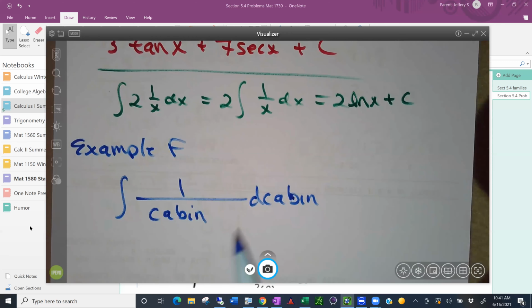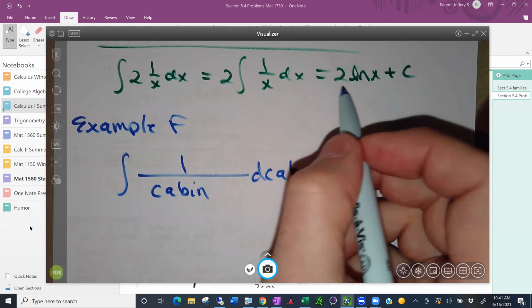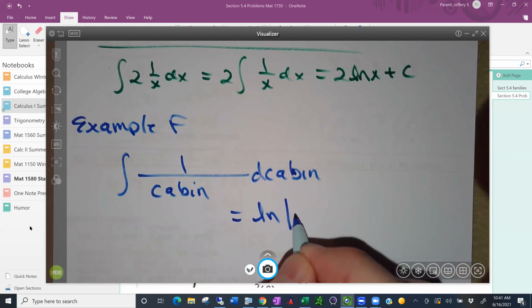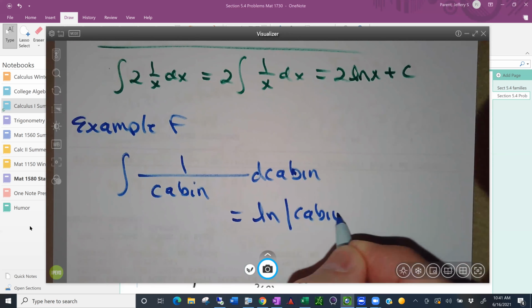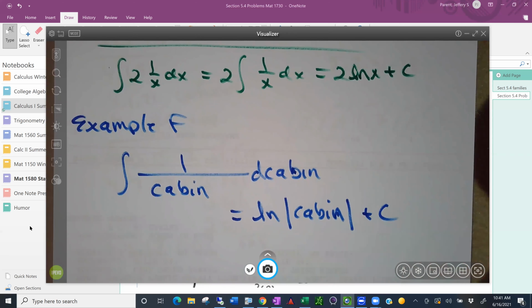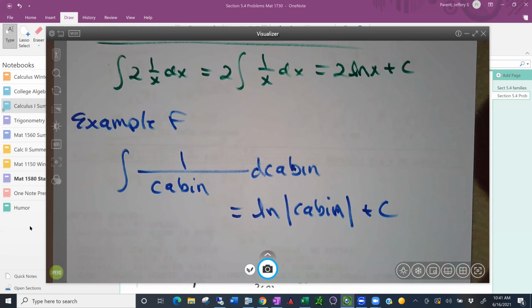And when I integrate 1 over cabin d cabin, kind of like what I got here, I get the ln of cabin. But let's not forget our constant of integration. So that's our houseboat. Well, how is that our houseboat? Well, we've got a log cabin plus the c. Yay, we built a houseboat.